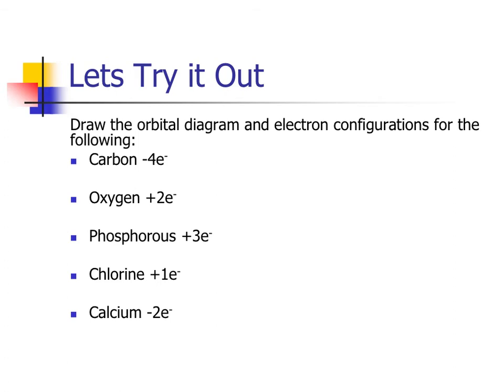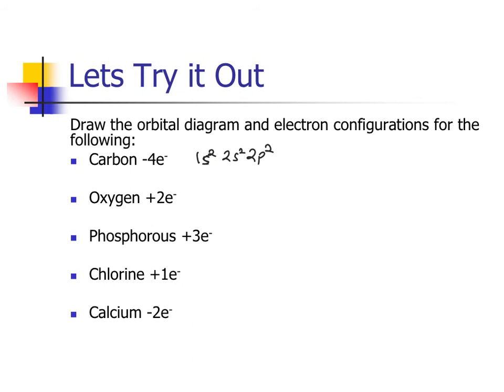So when we look at, say, carbon, we know carbon has the electron configuration of 1s2, 2s2, 2p2. But this carbon has lost 4 electrons.